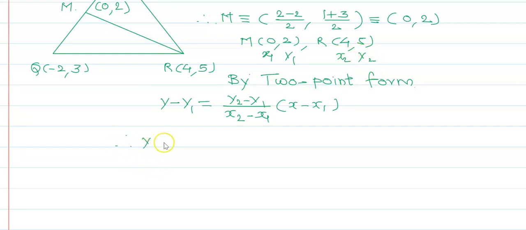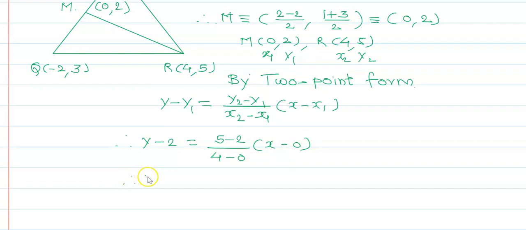Therefore y minus 2, y1 is 2, y2 minus y1 is 5 minus 2, upon 4 minus 0, in bracket x minus x1, which is 0.